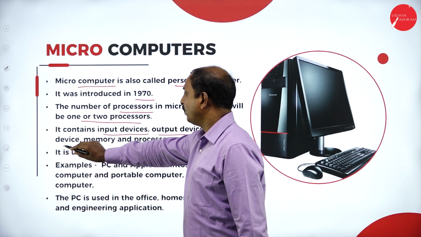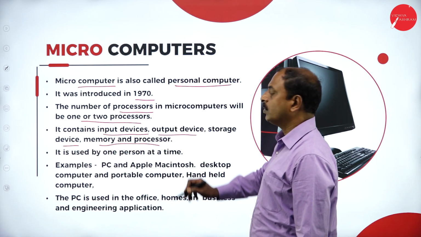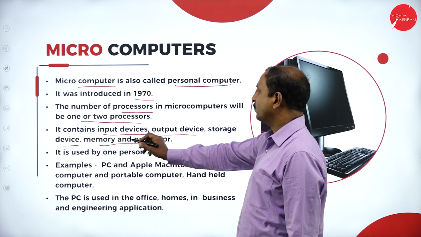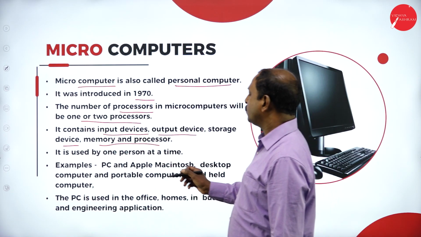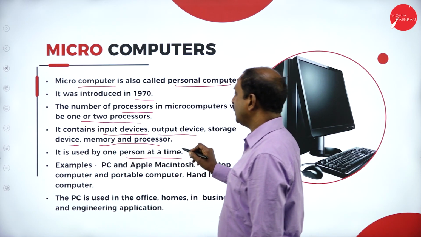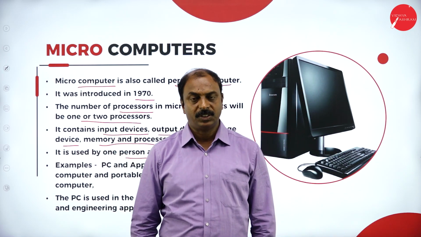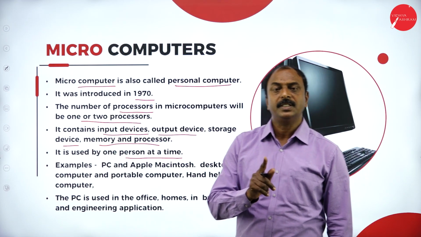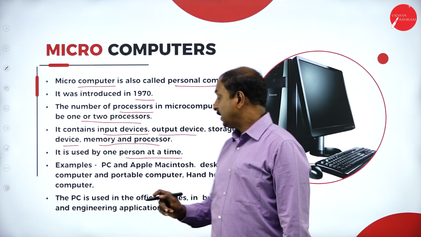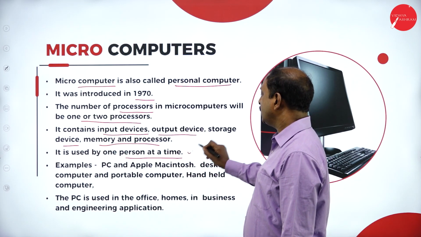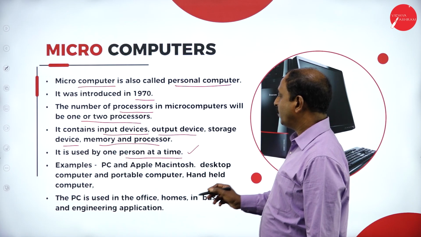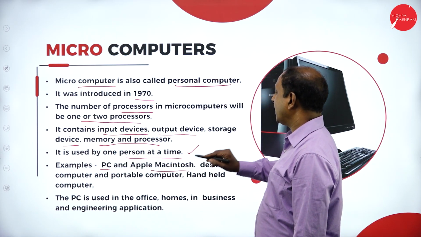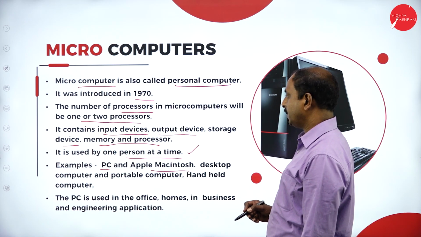Storage devices means memory. If you talk about computer memory, there is primary memory as well as secondary memory, different types of memory devices. And it is used by one person at a time, it is nothing but a single user system. If you have a PC at home, you can imagine that only one person can use it at a time. Examples are the present-day PC, personal computer, and Apple Macintosh, the Mac version of computer.